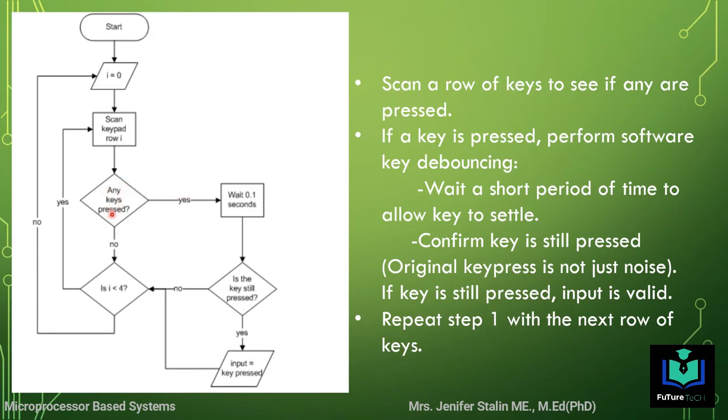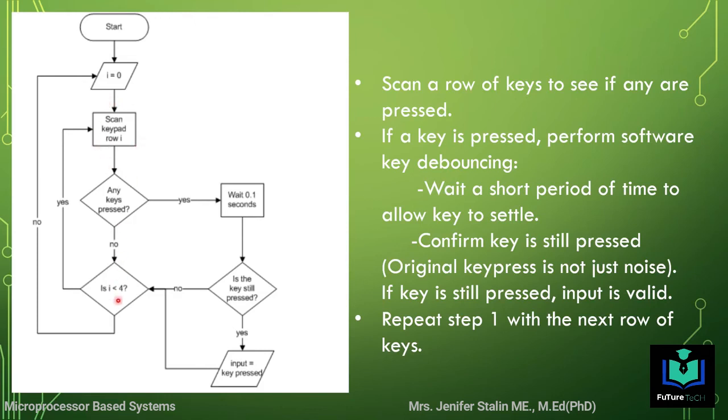If there is no key pressed, the value of I, the row value, is checked against less than 4, because we have 4 rows. If any of the rows are pressed, it again goes to scan the row.